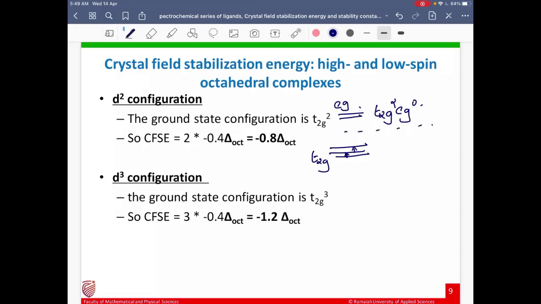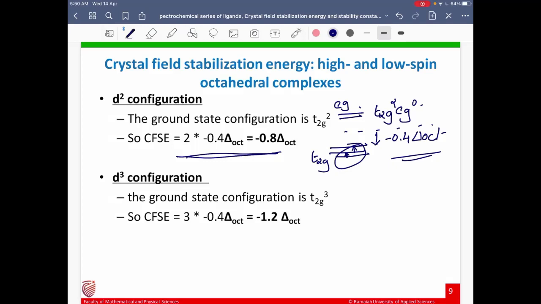And if I draw the barycenter, we know the energy difference between barycenter and t2g is minus 0.4 delta octahedral. Here two electrons are in t2g, so the total crystal field stabilization energy is 2 into minus 0.4 delta octahedral, which is equal to minus 0.8 delta octahedral.